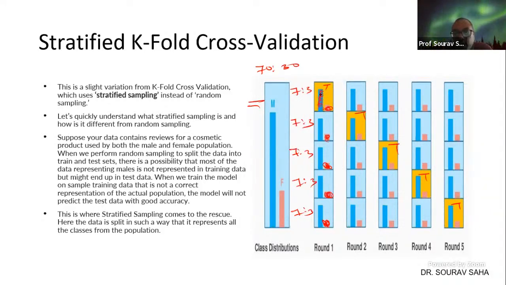So the model has not been trained on the female cases, and invariably it will do a bad job. It might also happen that some training examples have only females and your test data has only males. Then also the model performance will go for a toss.